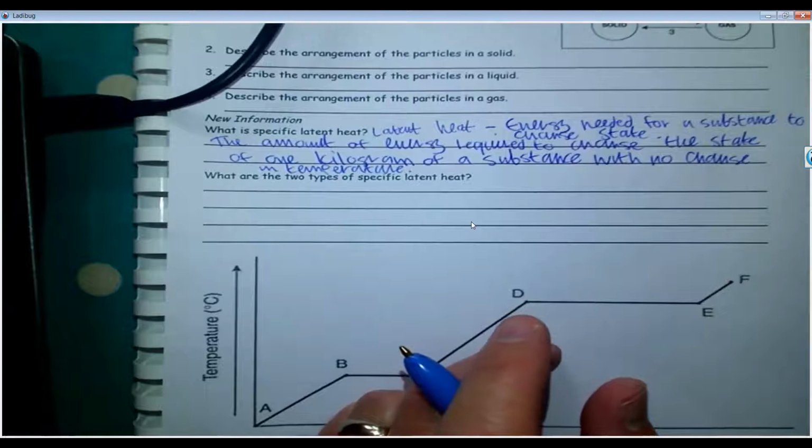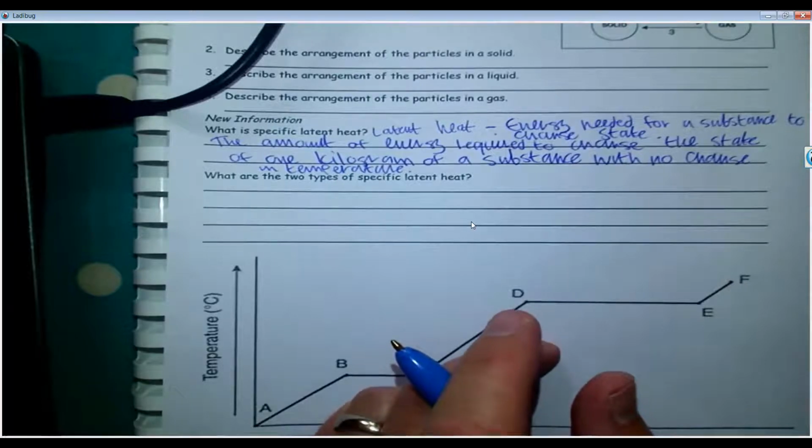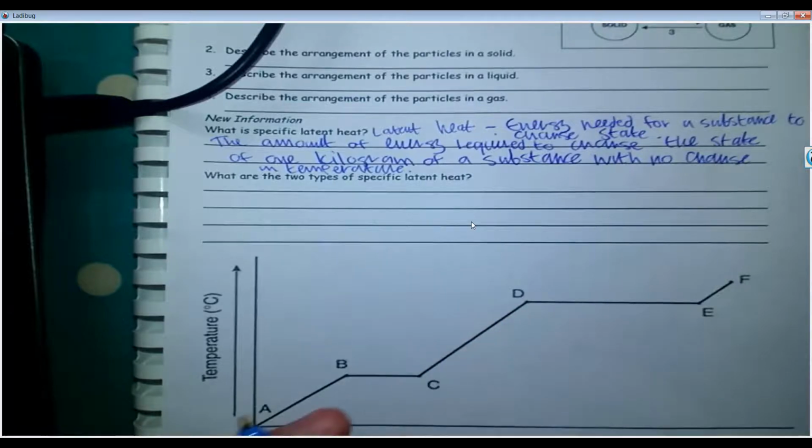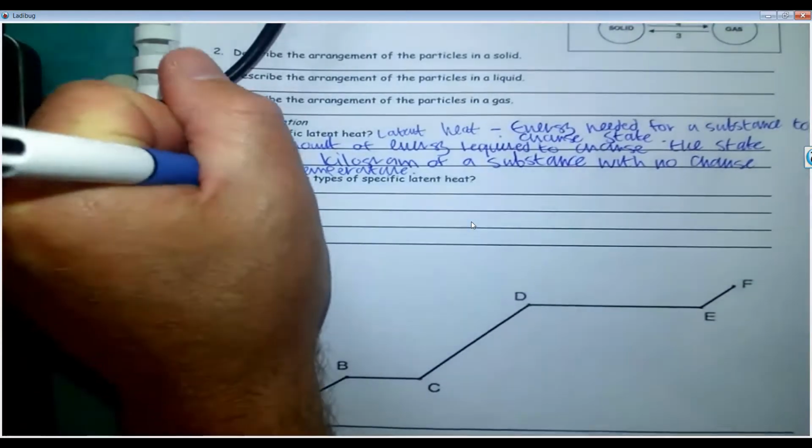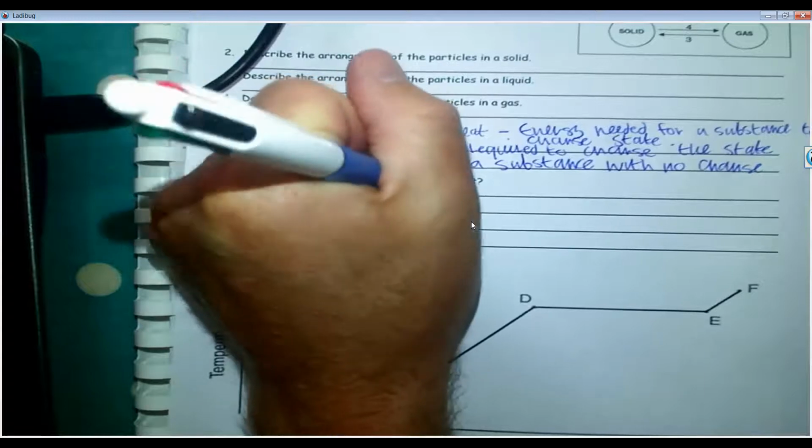What are the two types of specific latent heat? Well, here they are. Latent heat of fusion.